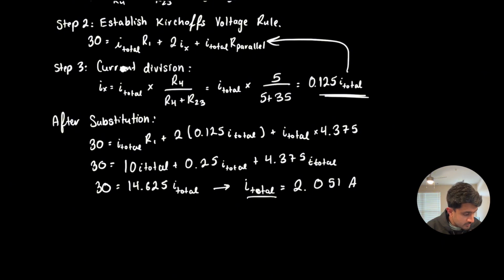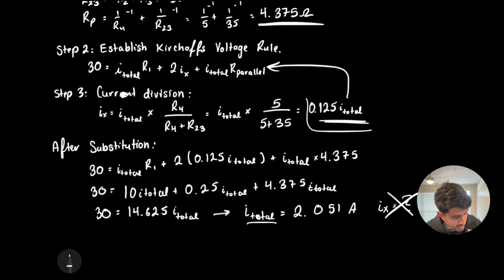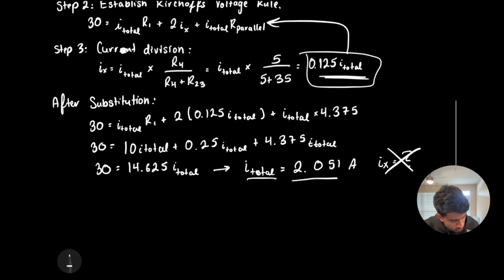Now we still haven't solved the problem yet, because we have I total, but do we actually have IX? That is the main question, and we do not have that yet. However, we can simply use the formula that we had up here and multiply the 0.125 by the 2.051. It's going to be a pretty simple formula in this case.